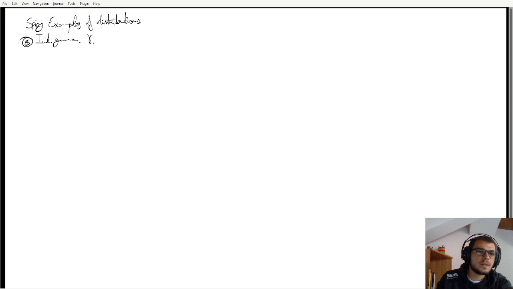So consider gamma A and gamma B, and I think they have the same scale factor equal to 1.